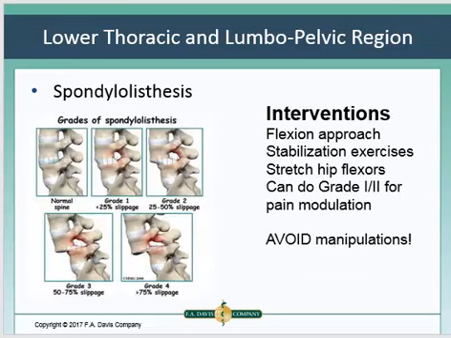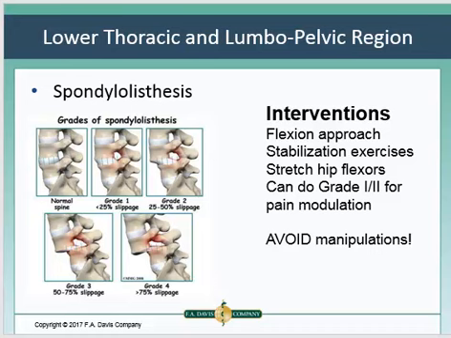All right, now we're going to talk about individuals with spondylolisthesis. So spondylolisthesis is an anterior slippage of one vertebra on the other. The above or the higher vertebra slips on the lower. So you may have an L3 on L4 or an L4 on L5. These are graded on a grade of 1, 2, 3, and 4.